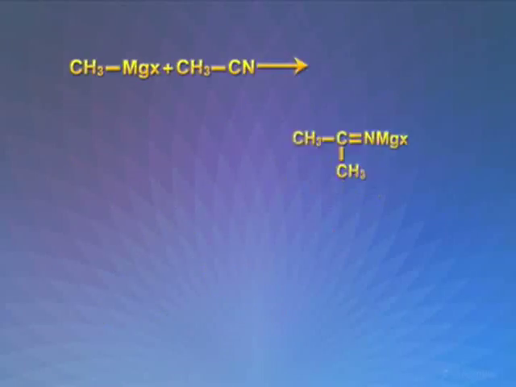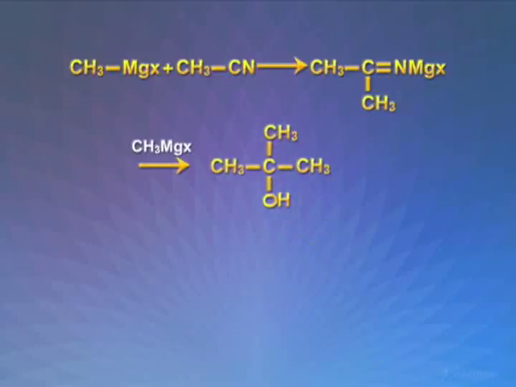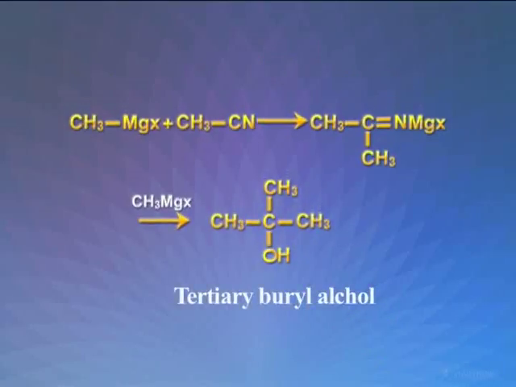If either alkyl magnesium halide or alkyl cyanide is in excess, alcohol formation takes place. This is due to further nucleophilic addition of the reactants with the already formed product, that is ketone, which is already in the reaction mixture.